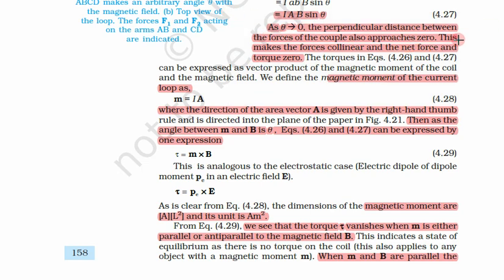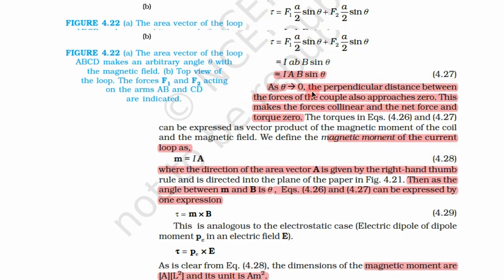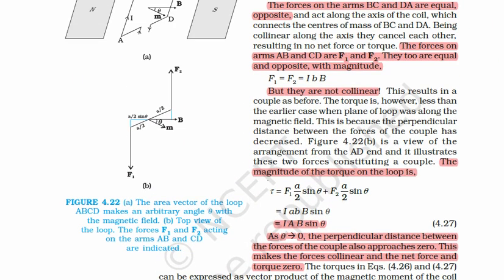So let us see in this figure what is the meaning of this theta 0. Theta 0 means this loop is something like this, and the plane of the loop is in this direction, and the vector of this plane is in this direction. Magnetic field is also in the same direction.